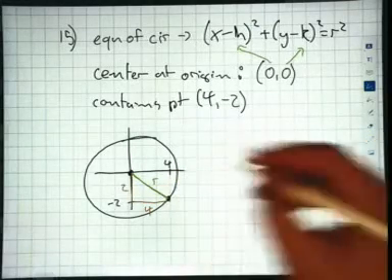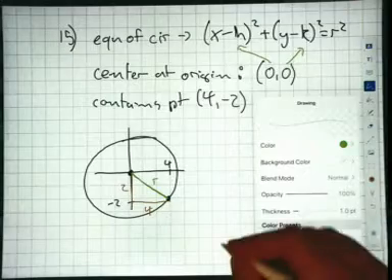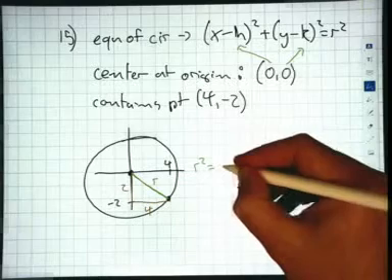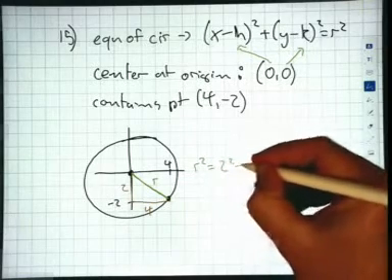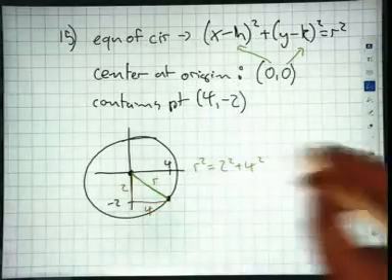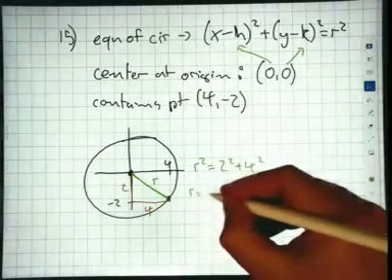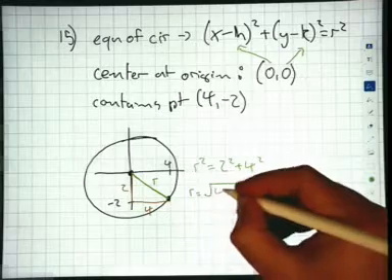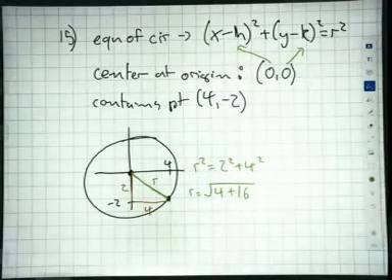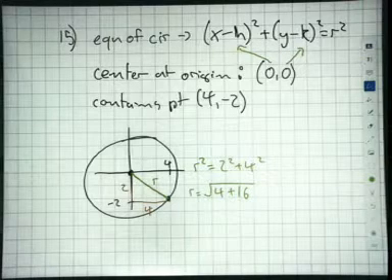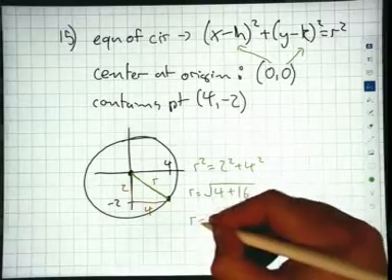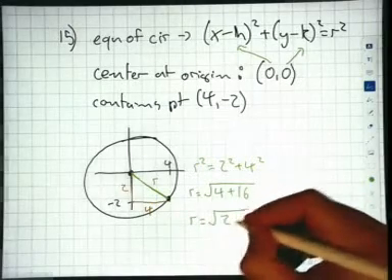Now, to find r, we can use the Pythagorean theorem. We know that r squared is equal to 2 squared plus 4 squared, which means that r is equal to the square root of 4 plus 16, which means r is equal to the square root of 20.